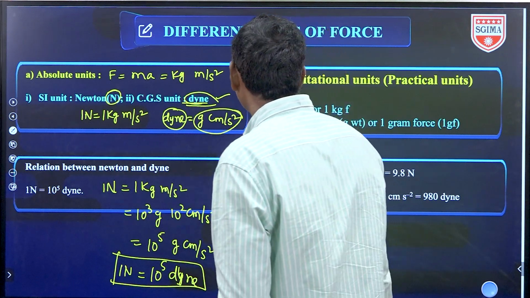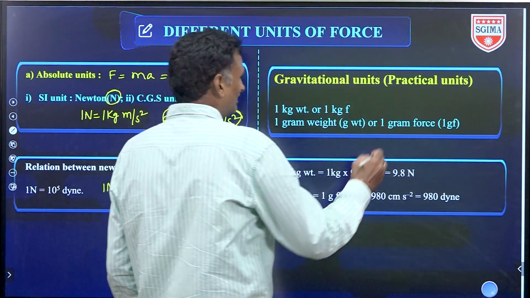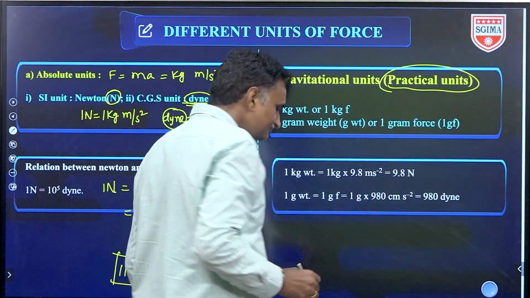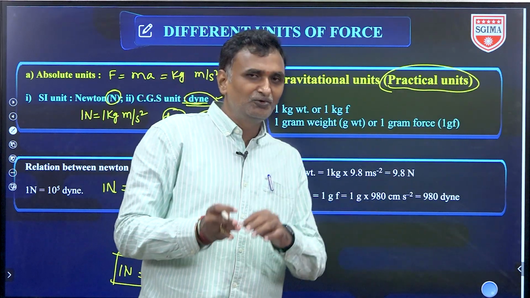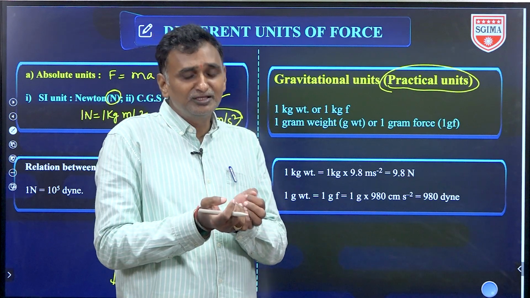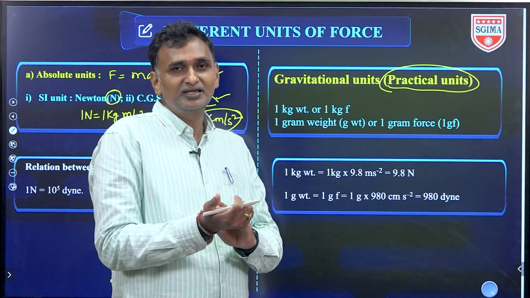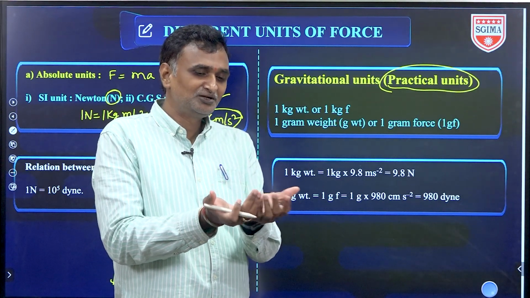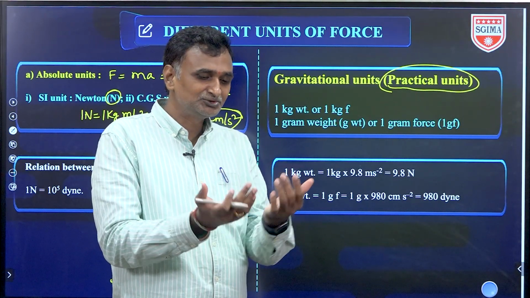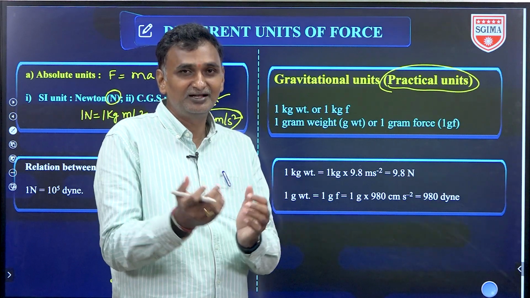Now, gravitational units are practical units for force. If you hold an object in your palm, it will exert some force on your palm. You may say, sir, I just hold the object, no force is acting on it. So how is it exerting force? You feel that.